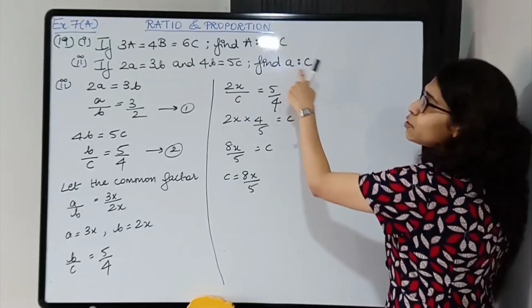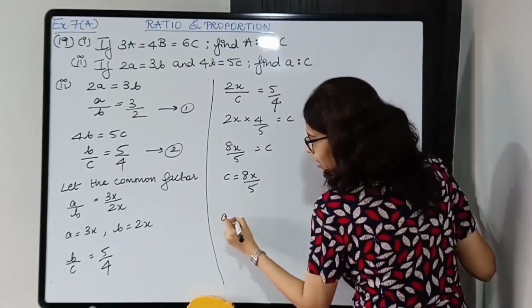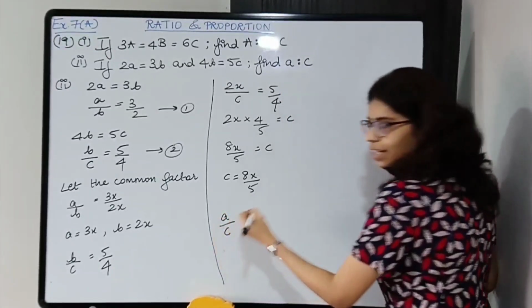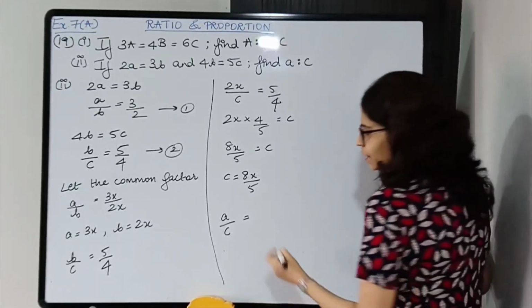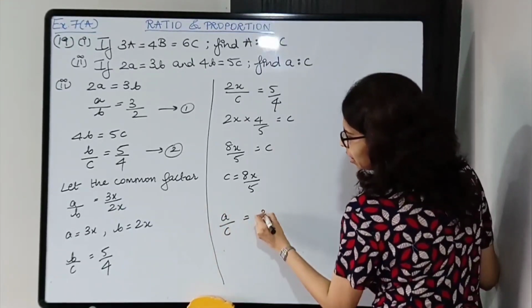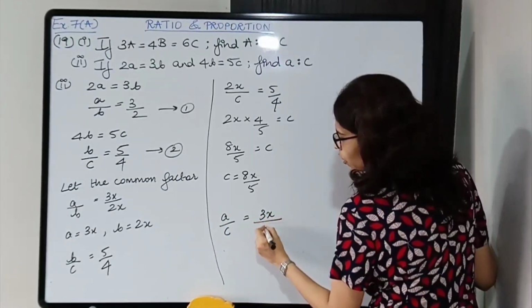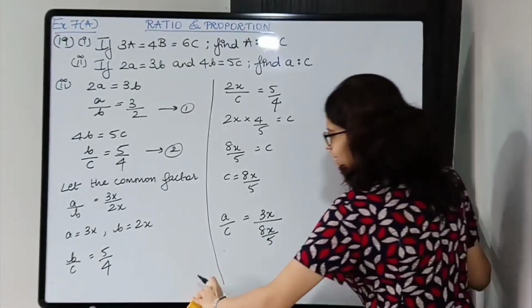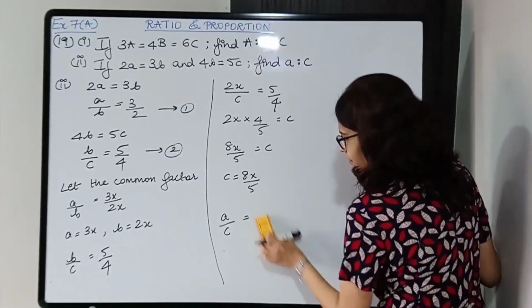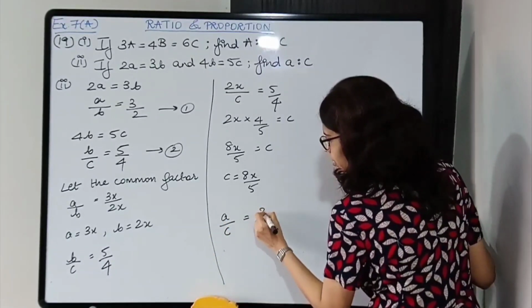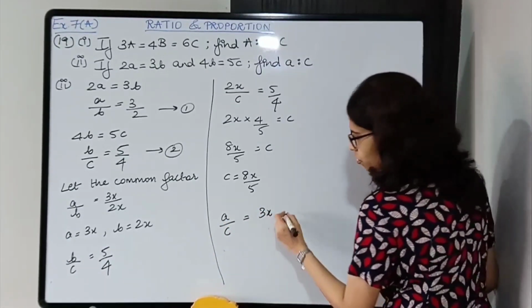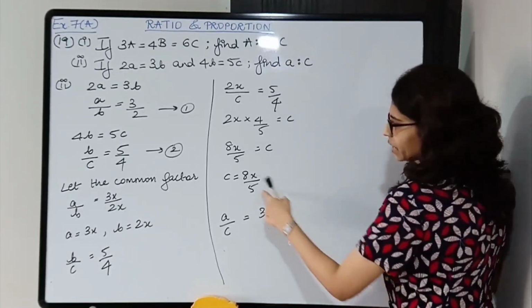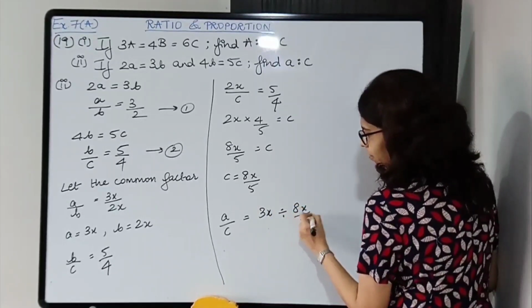We need to find a is to c. So a upon c, directly I can write it like this. ठीक है, so a is 3x upon 8x upon 5, or you can write it like this. A is 3x, to avoid any confusion, divided by c is 8x upon 5.